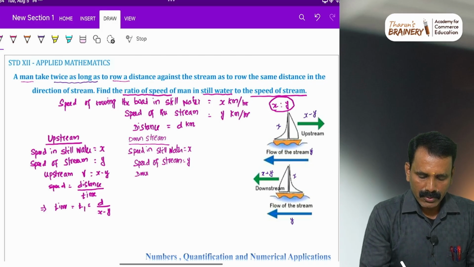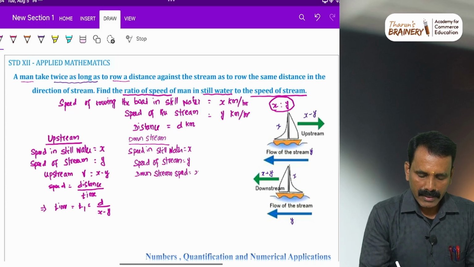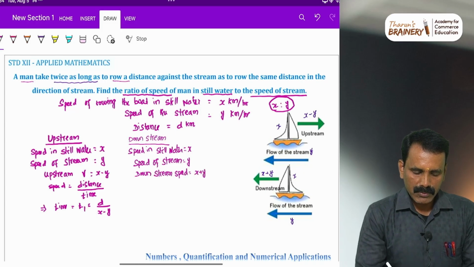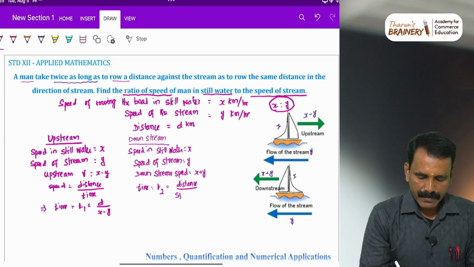Because he is going to row along the flow of the water, the downstream speed gets added, x plus y. So time t2 is equal to distance divided by speed, which is d divided by x plus y.